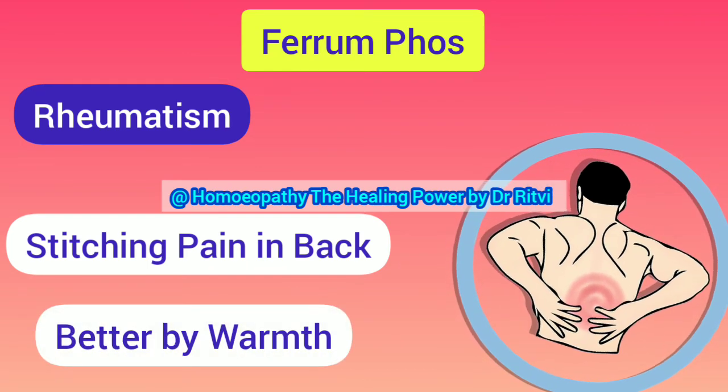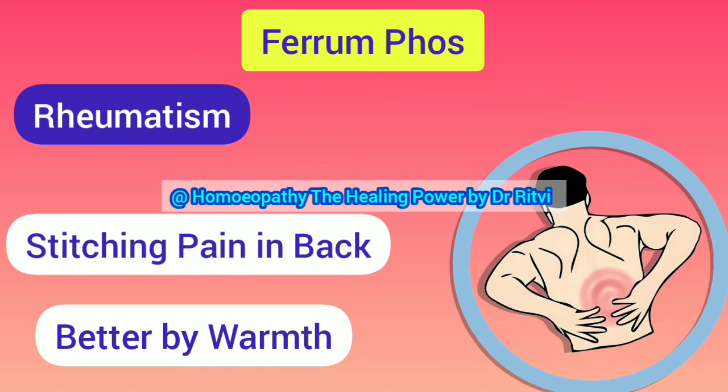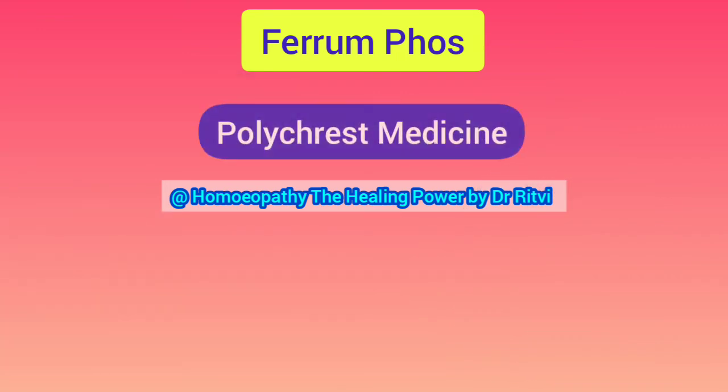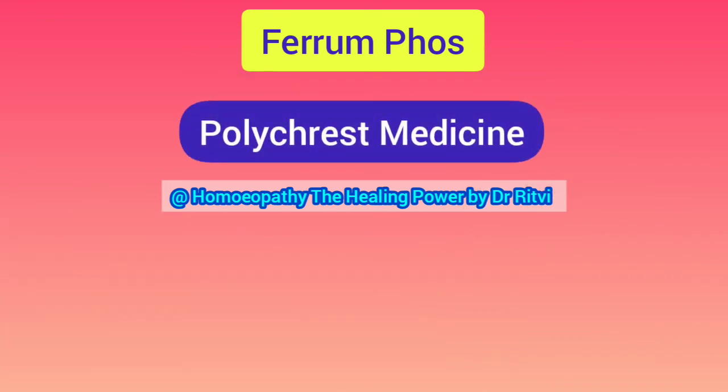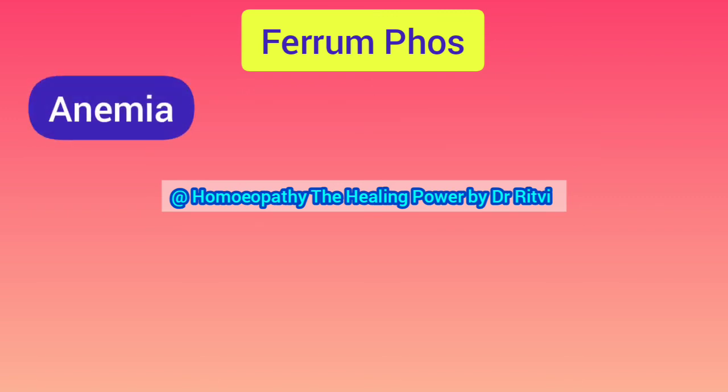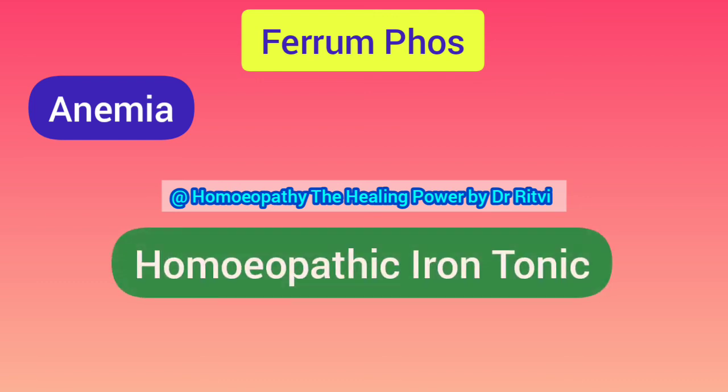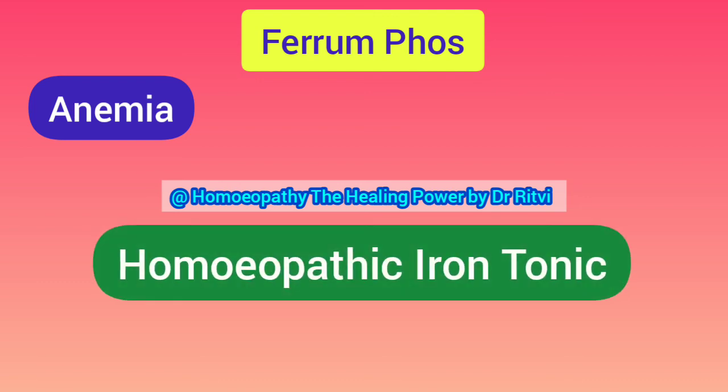Friends, we have already seen that Ferrum Phos is just like a polychrest remedy. It acts on each and every part of the body, and it is used in majority of diseases. So we must not forget the use of Ferrum Phos in anemia. Ferrum Phos is a well-known medicine, and it is known as iron tonic in homeopathy.